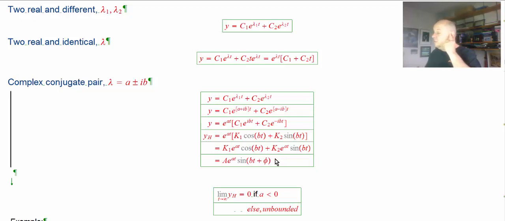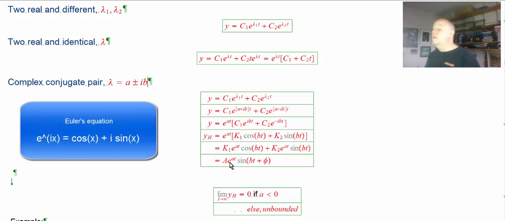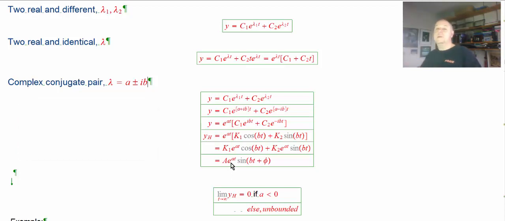Oh, that's another thing. We get oscillations because we get trig. We only got trig because of that Euler's relation. So when we see complex conjugate eigenvalues, we want to associate that with oscillations, with trig. When I see oscillations in a solution, like an upcoming spring problem where a spring is oscillating back and forth, or a pendulum is waving back and forth, anything going back and forth, then I want to think about complex conjugate eigenvalues.